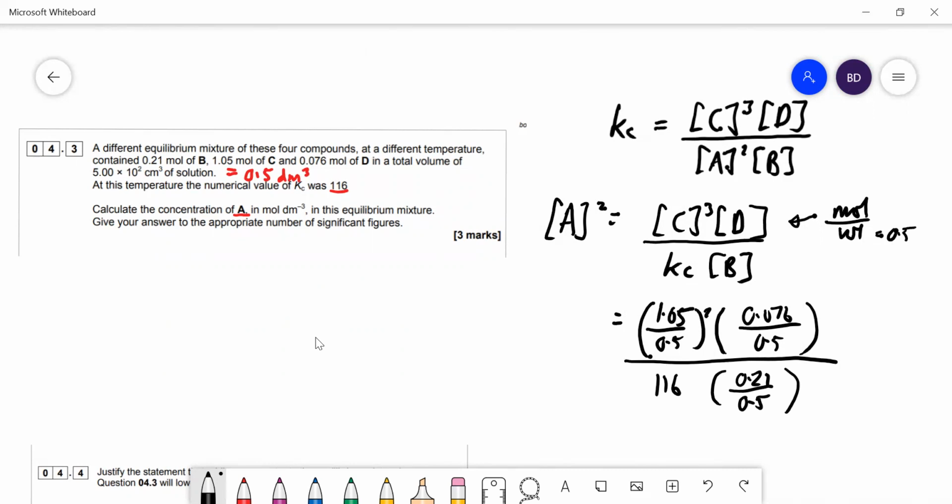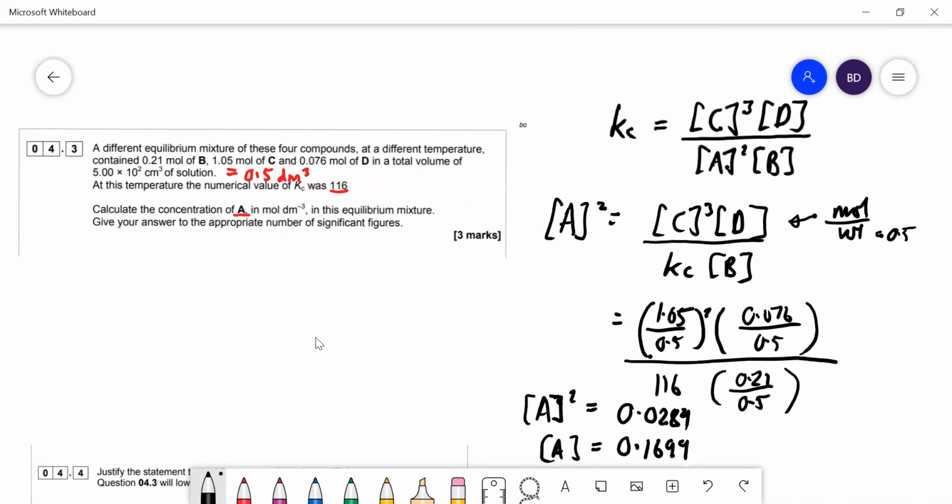Right, so if you work all that out on your calculator, you get that the concentration of A squared is equal to 0.0289. Take the square root of it, and you should get the answer 0.1699.